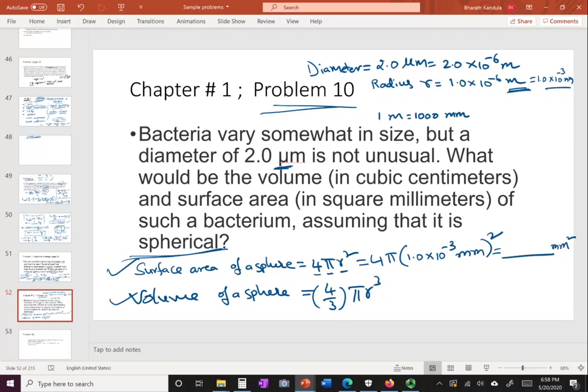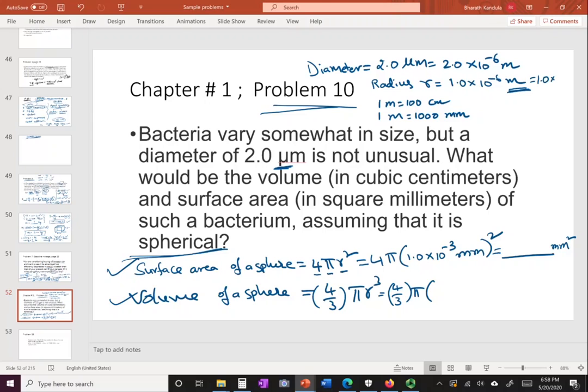Now next, 4/3 pi r value, again 10 to the negative 3, but here we need to be careful. We need to convert this into centimeters, not millimeters. You know 1 meter is equal to 100 centimeters. So we need to convert this into centimeters, that means we will multiply this with 100.